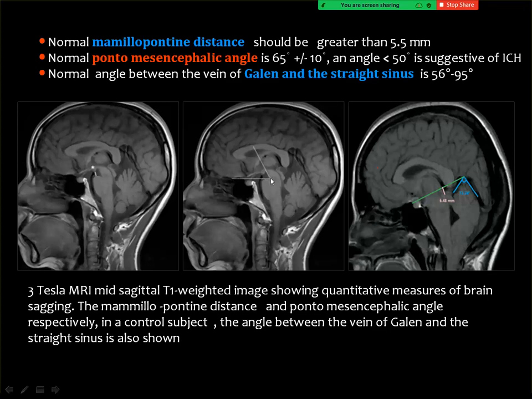The mesencephalon is the midbrain, and you draw a line tangential to the anterior aspect of the midbrain, and another line at the top of the pons, and you measure the angle in between. And this angle, if it is less than 50 degrees, is suggestive of intracranial hypotension. Of course, the angle between the vein of Galen and the transverse sinus is also one of the measurements, but this is the most important one.